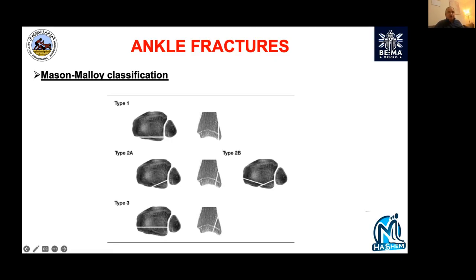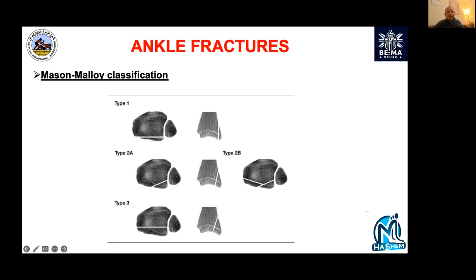If you have a posterolateral fragment, which is 2A, you will fix this from a posterolateral approach with a posterolateral plate. And if you have 2B, which will be a posteromedial and a posterolateral, you need to fix it from either a posteromedial or medial approach, and I will mention this to you in a minute. When you're fixing this type 2B, their recommendation according to the anatomical study is to fix the medial first, and this by definition will get the lateral reduced, then you can fix the lateral. You cannot do the reverse.